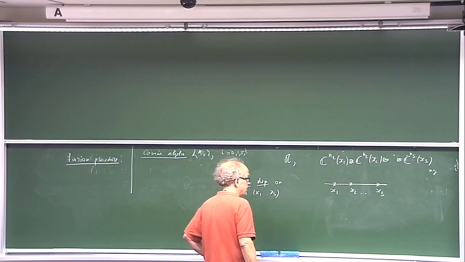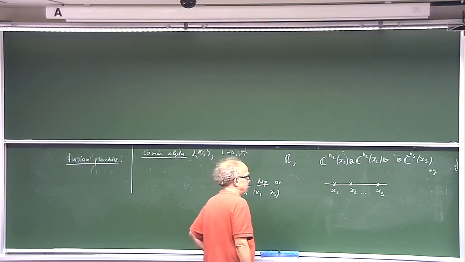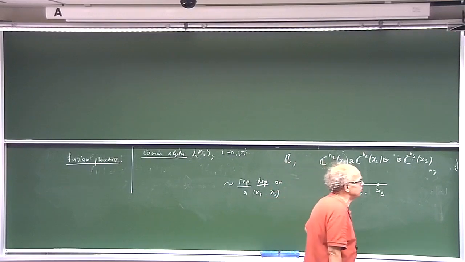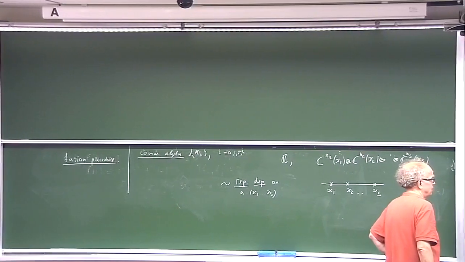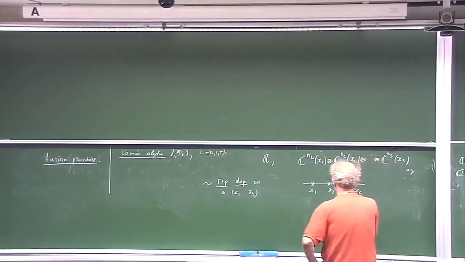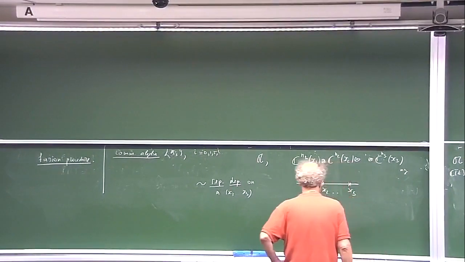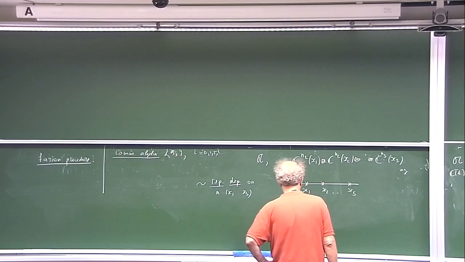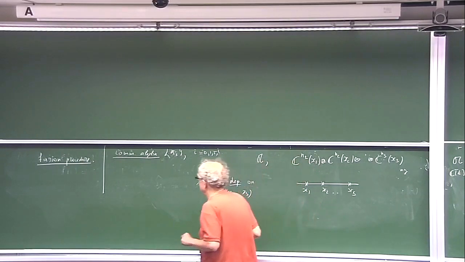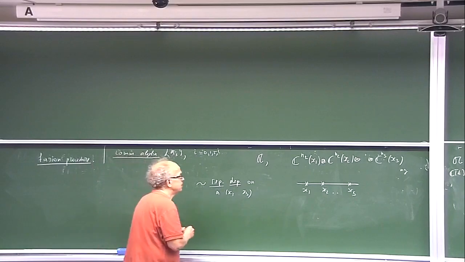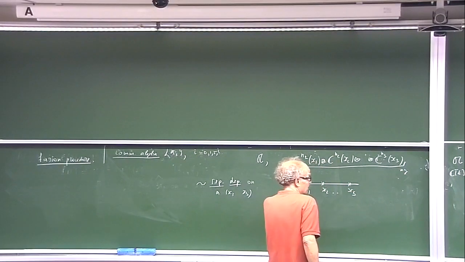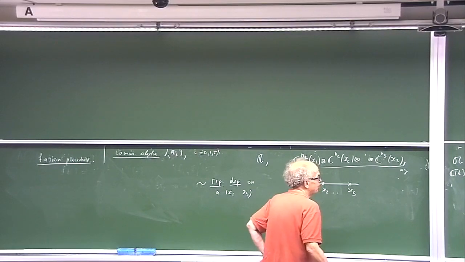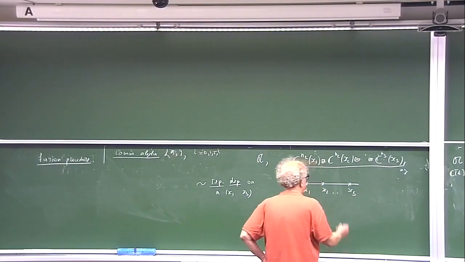In principle, in our construction it is not necessary for the points x1 through xs to be different, but for me it will be important, because the representation which I have here is a simple representation of a commutative Lie algebra, and it is evident that this representation is cyclic.